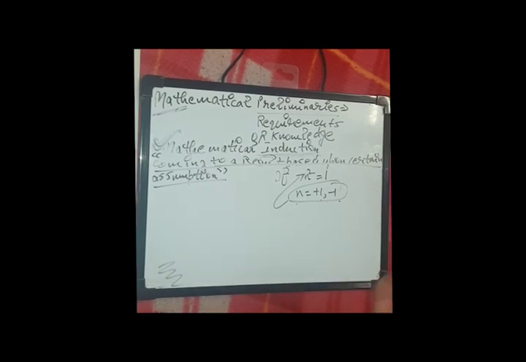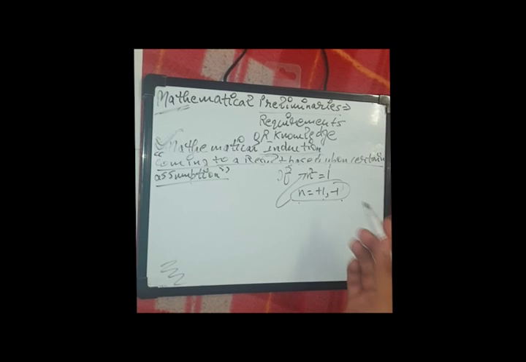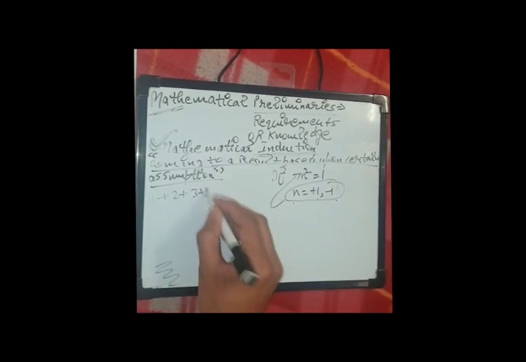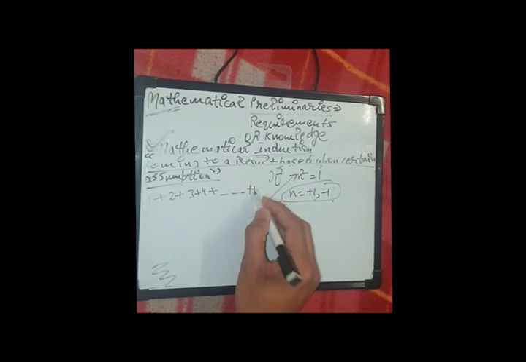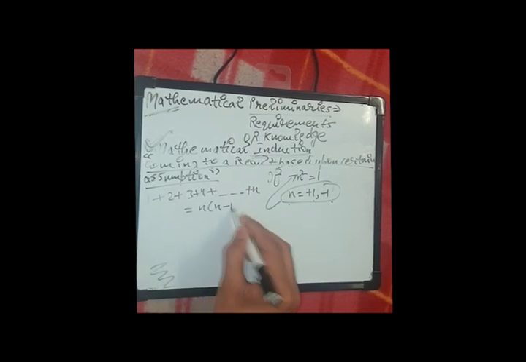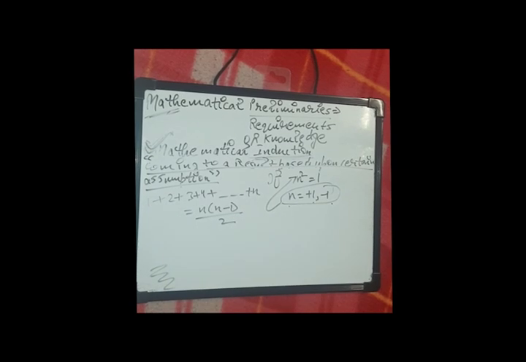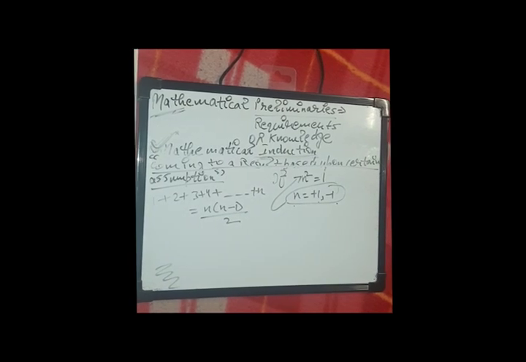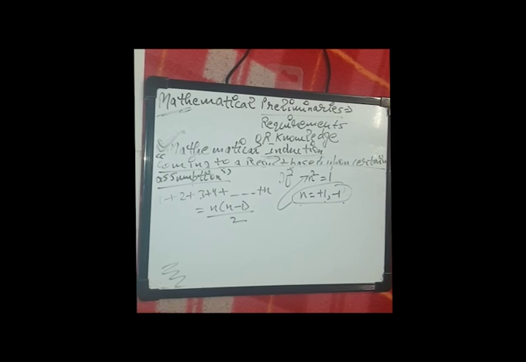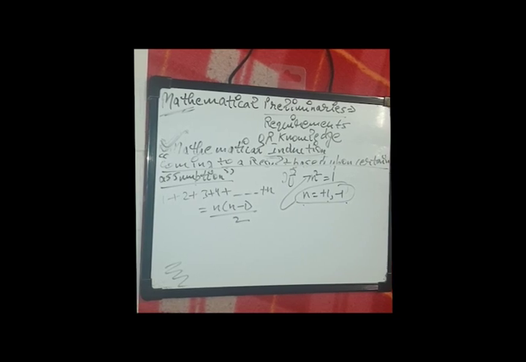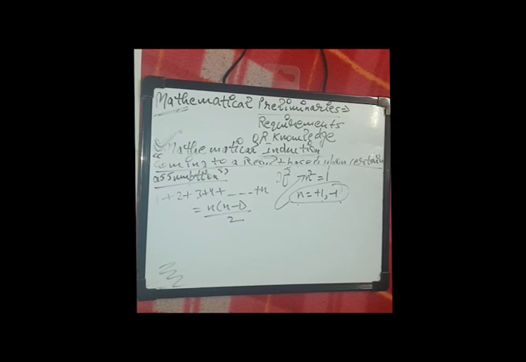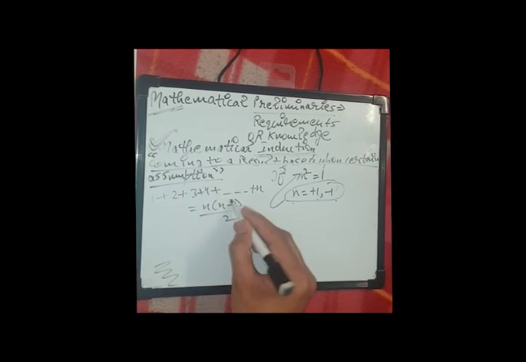More complex formulas are always there, like the sum of the first n natural numbers: we have 1, 2, 3, 4 up to n, and it's n into n minus 1 by 2. I believe it should be plus.